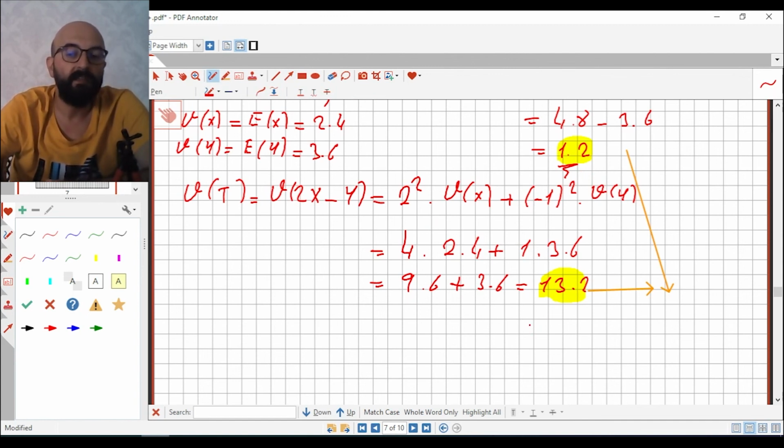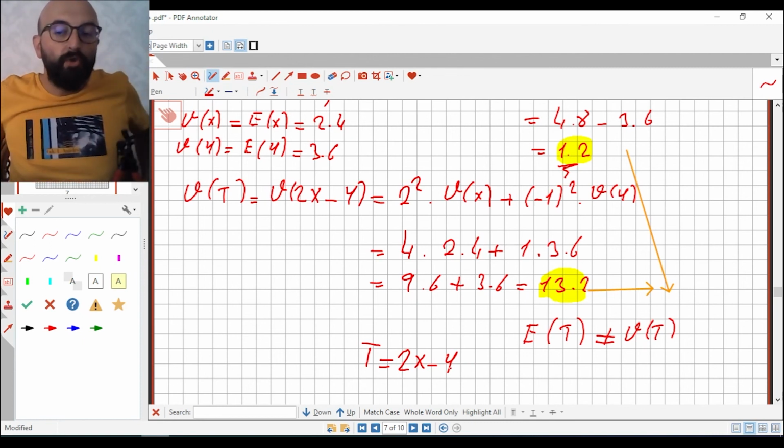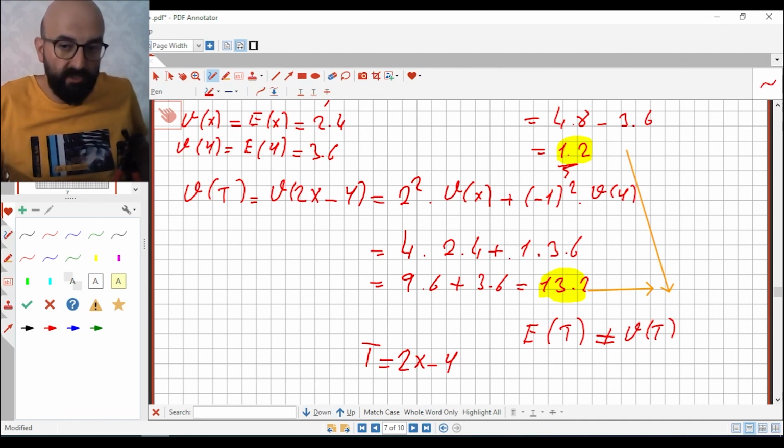So the expected value of t and the variance of t are not the same. So t equals 2x minus y doesn't follow the Poisson distribution. This is not a Poisson distribution.